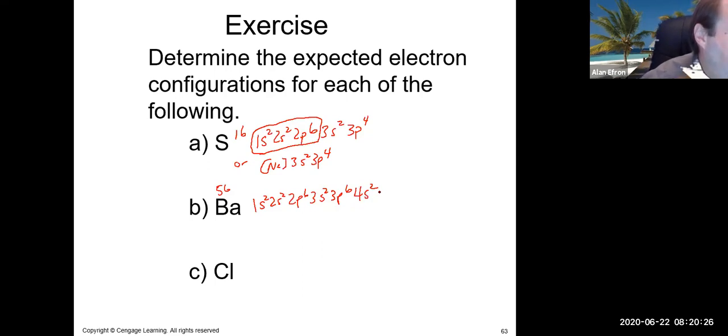Then we go 3d10 next, as it takes us all the way across the transition metals, and then back to 4p6. We're almost there, I think. So it's 4p6, then we're going to go to 5s2. And again, after 5s2, we're going to go to 4d10.